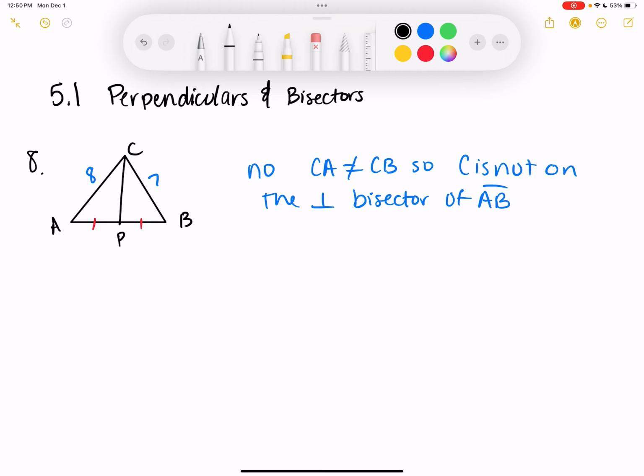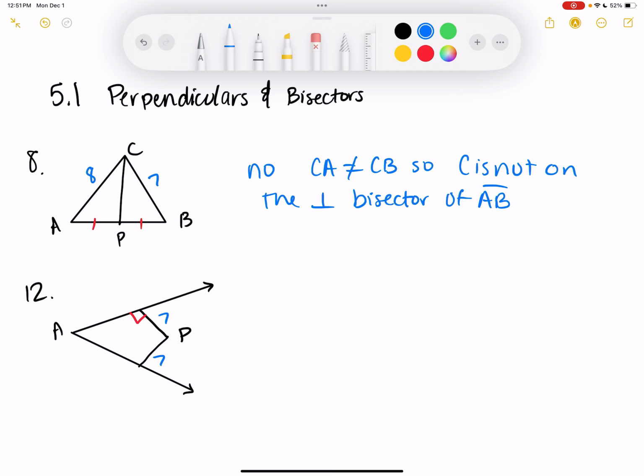Tell whether the information in the diagram allows you to conclude that P is on the bisector of angle A. All right, so what about this one?